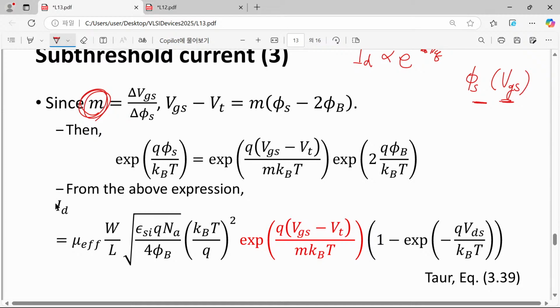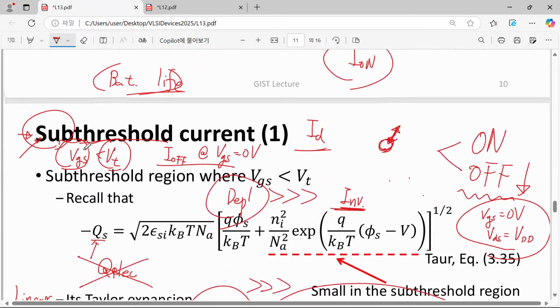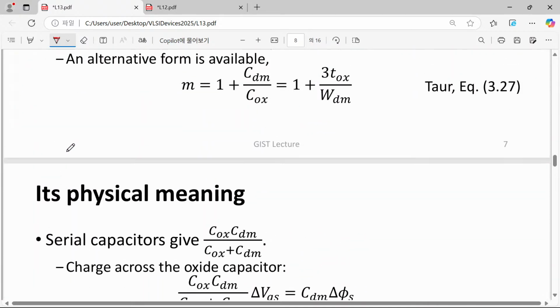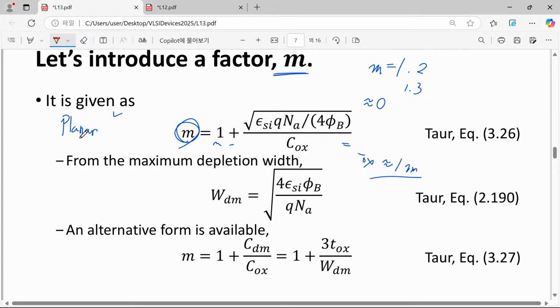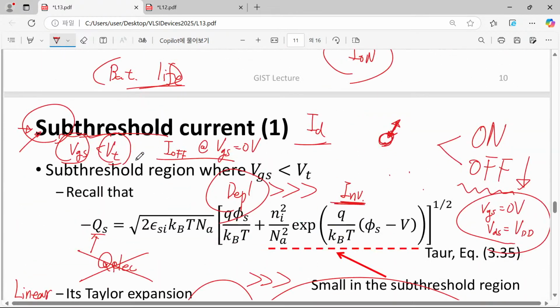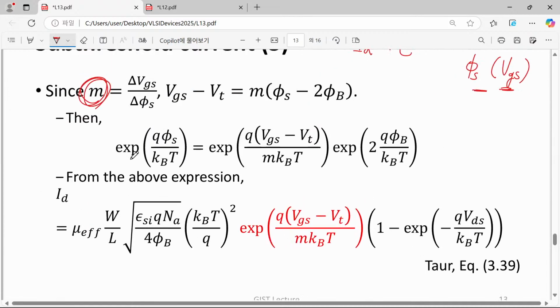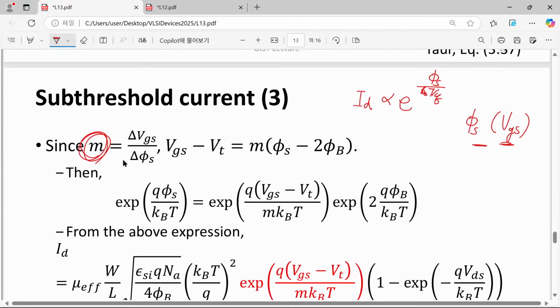When we come back to its definition, you can find that M is given as, what is this? Here we have a certain complicated expression, but the physical meaning of this M is given in this form: the ratio between the change of gate voltage and the change of surface potential.